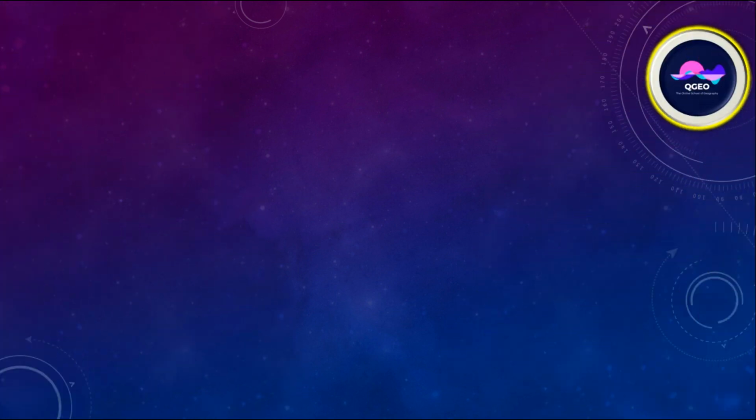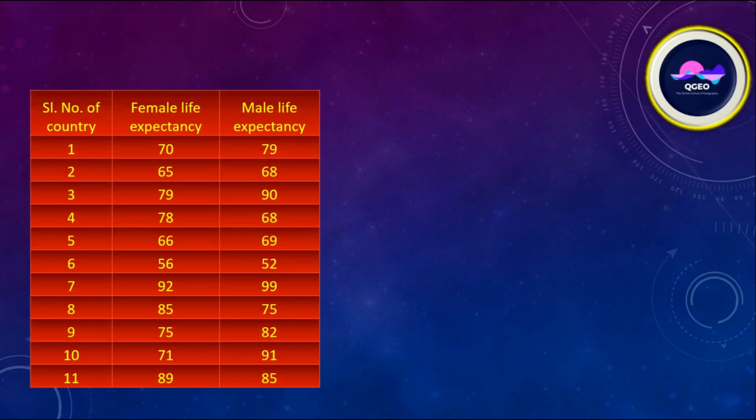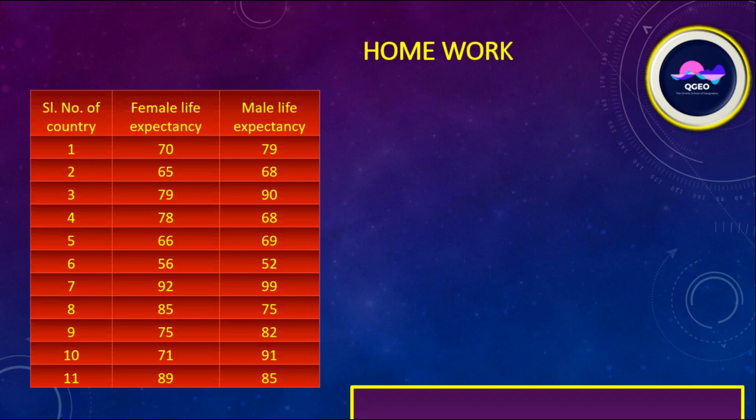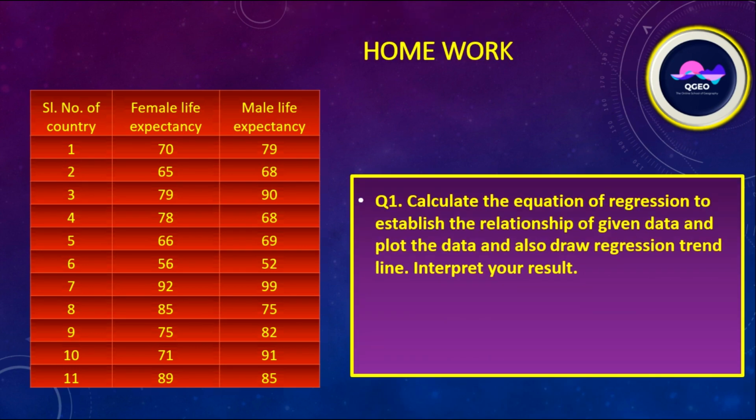Here is a problem sum for your homework. Calculate the equation of regression to establish the relationship of the given data, plot the data, and also draw a regression trend line. Interpret the result. Here is the female life expectancy and here the male life expectancy.